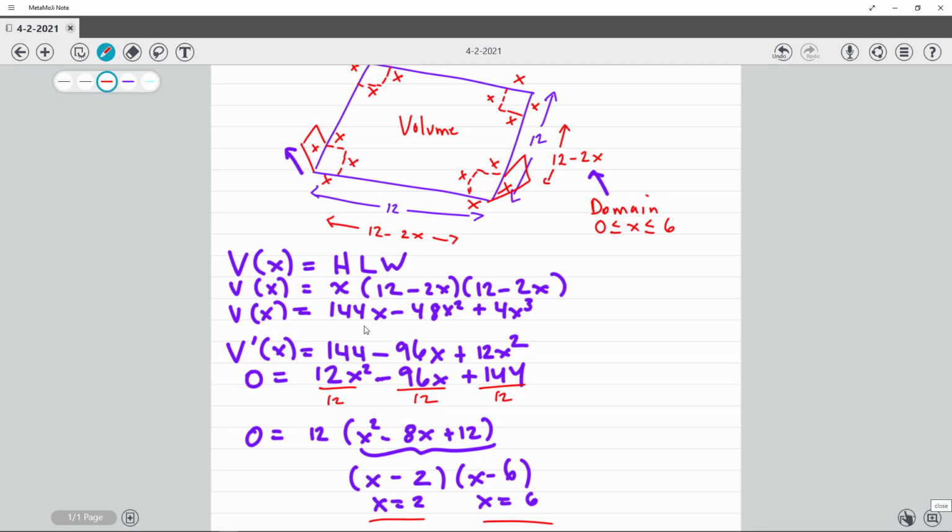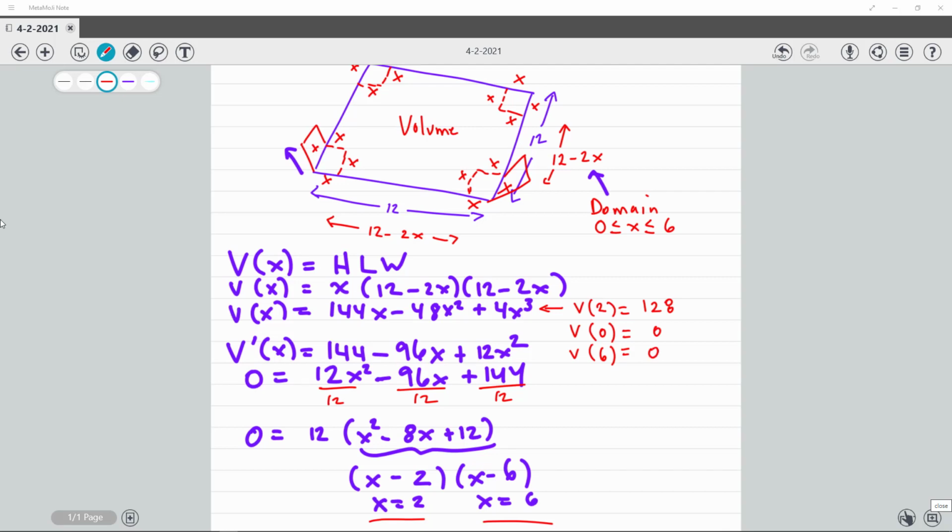Go back to your original function and plug in 2, and then plug in both endpoints. Remember, when you have a closed domain, you plug in those endpoints, and when I plug these into my calculator, I got 128, 0 and 0.